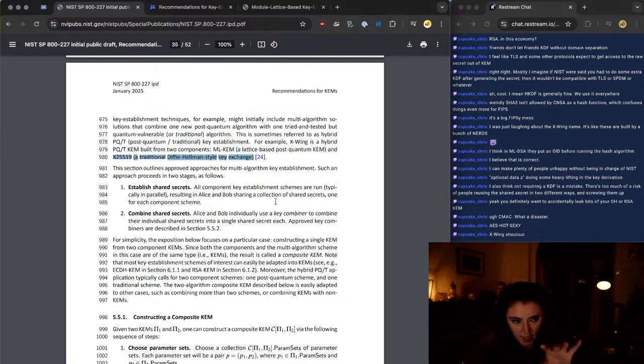You have a long-term public key pair and an ephemeral key pair, you do the Diffie-Hellman and get the shared secret, but you're also shoving in the ephemeral public key and the long-term public key, then the DH-KEM has a KDF that you use to spit out the KEM shared secret.